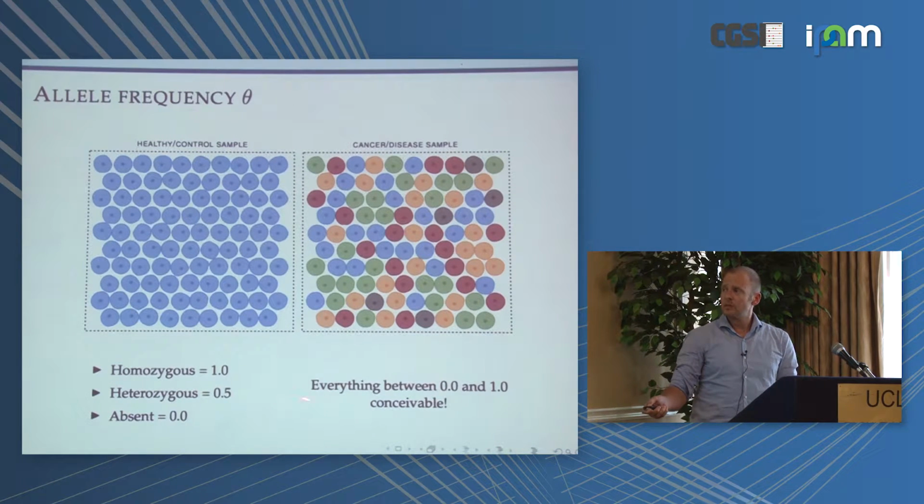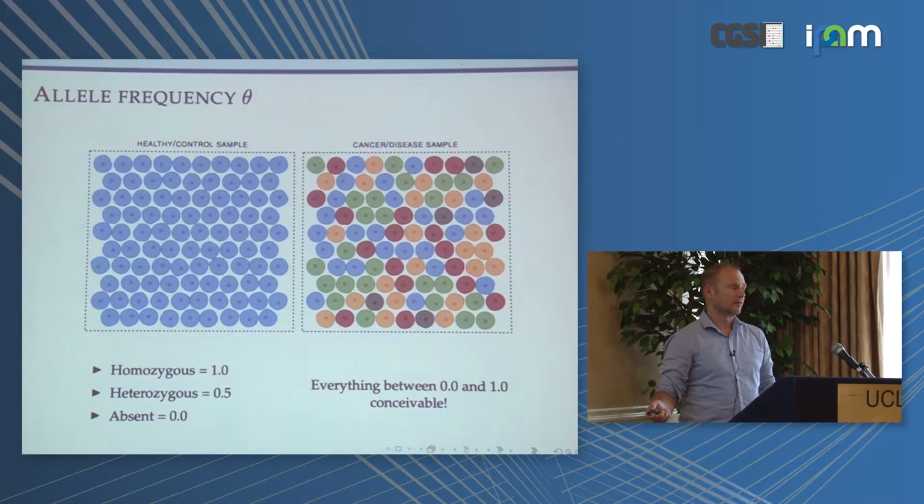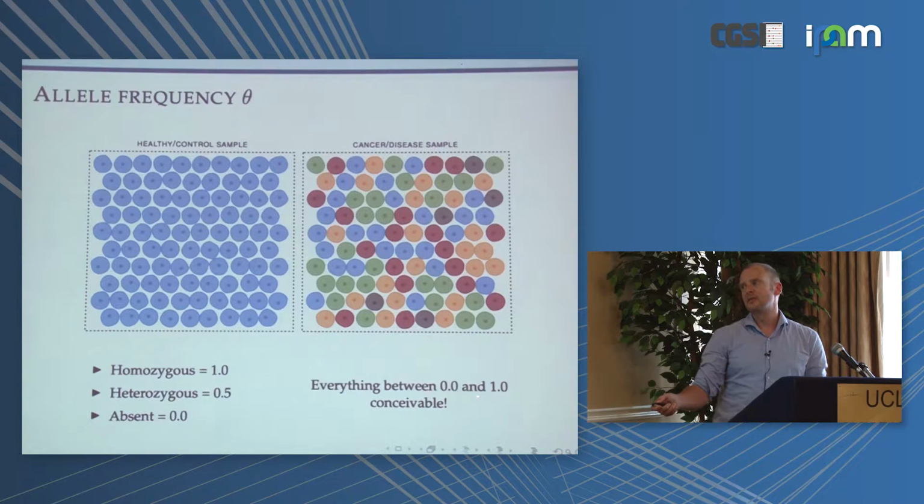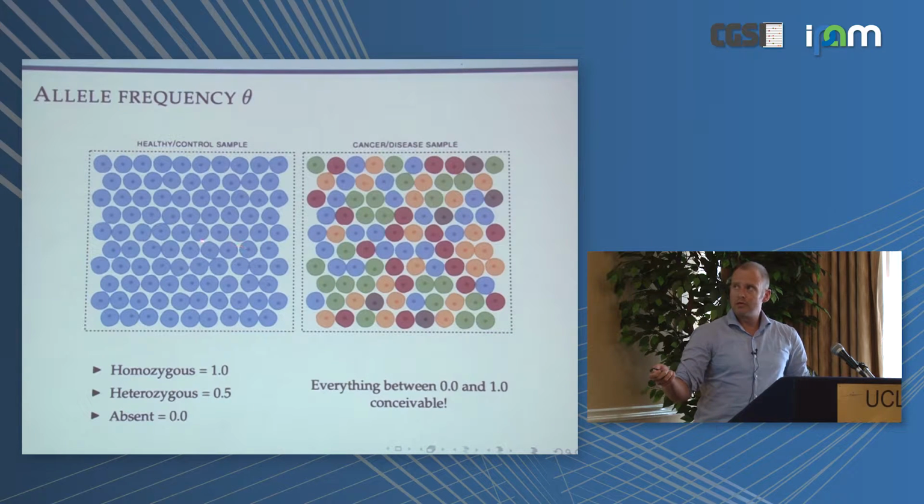I can assume, for the mathematicians here, that it's a rational number because it's a finite number of cells, but that doesn't help much. So everything between 0 and 1 is conceivable. And I would like to predict those allele frequencies both in the control sample and in the cancer sample.